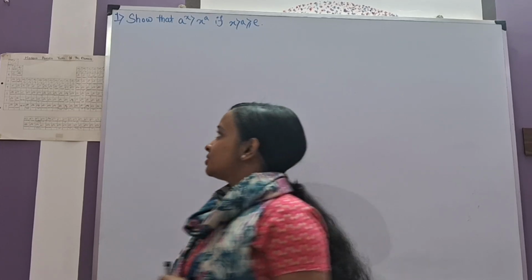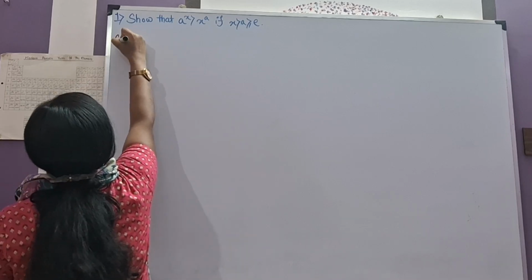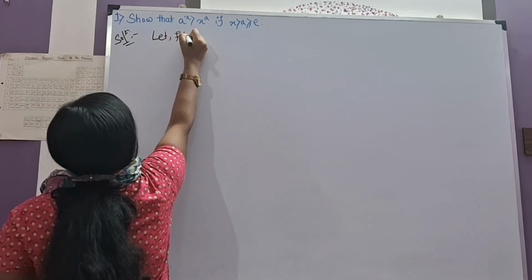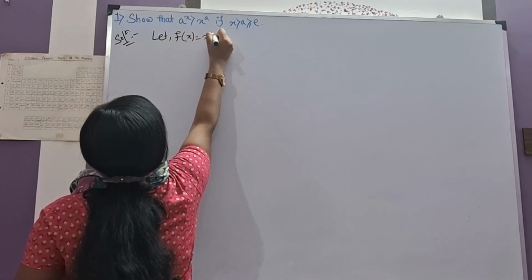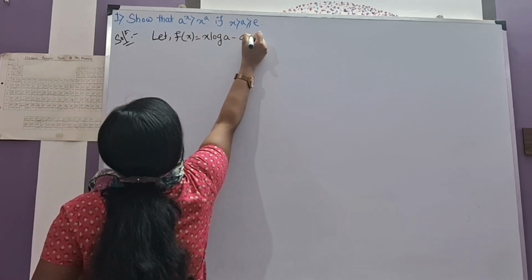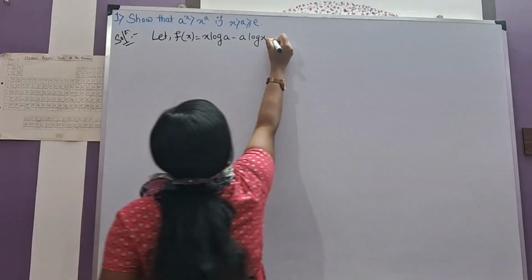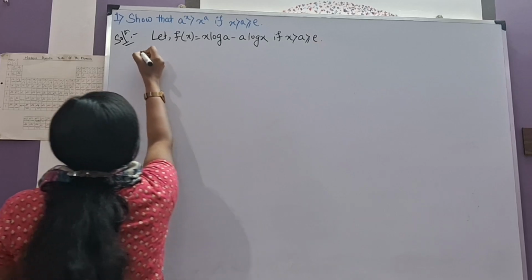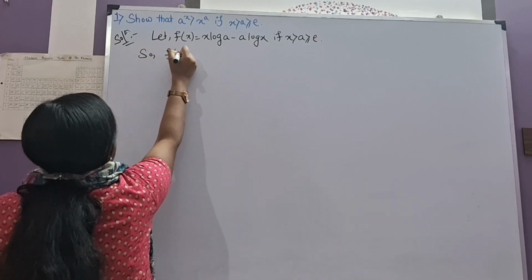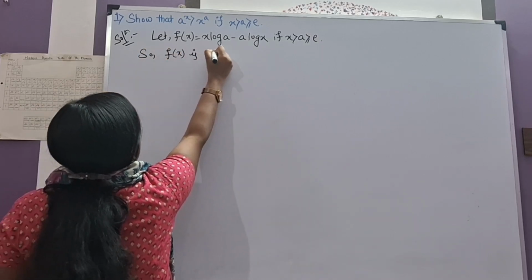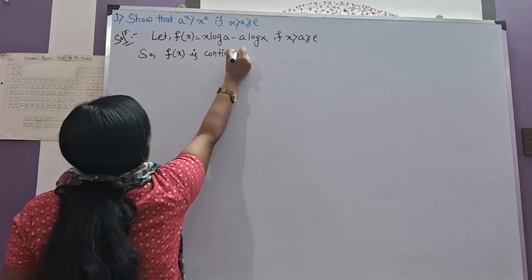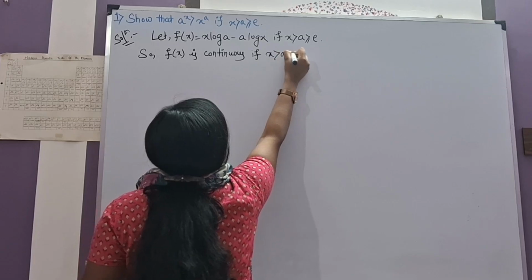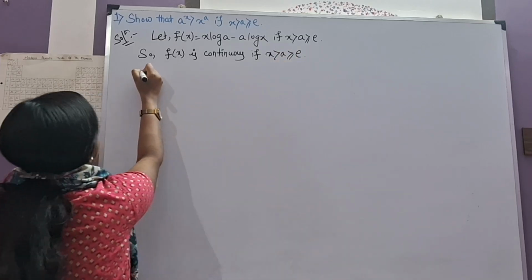Today in class, at first we are going to solve this numerical. Let f of x equal to x log a minus a log x, if x greater than a greater or equal to e. So f of x is continuous if x greater than a greater or equal to e.